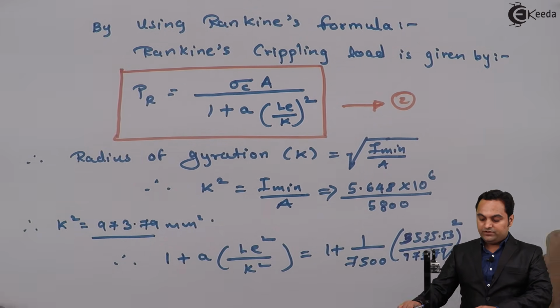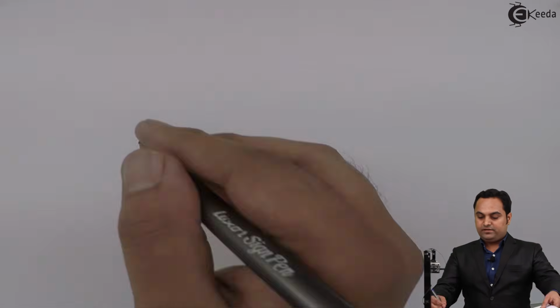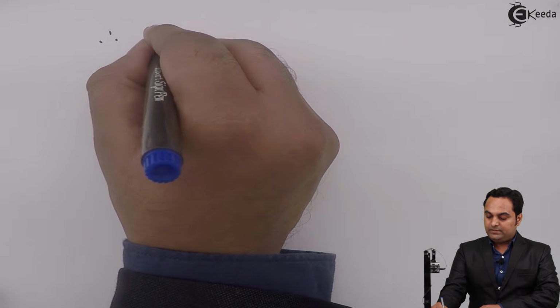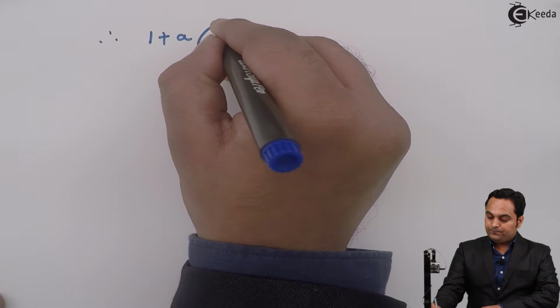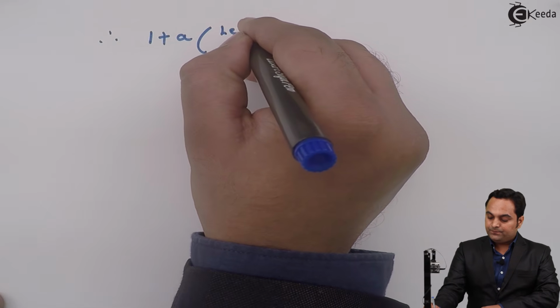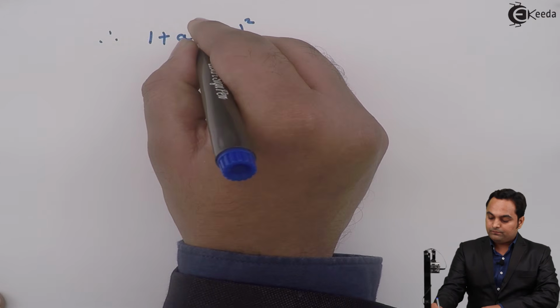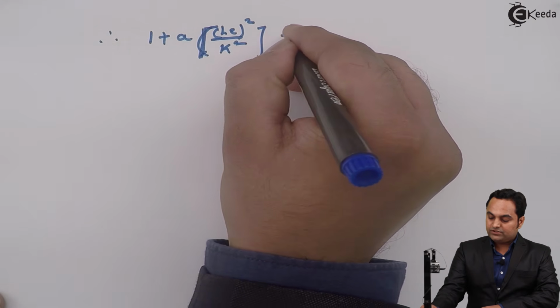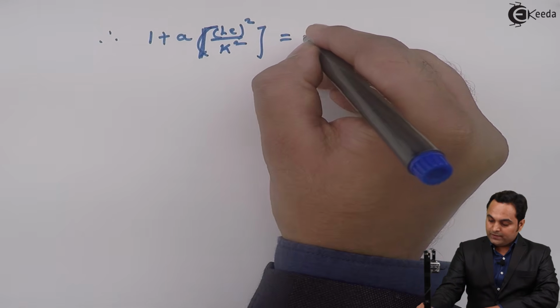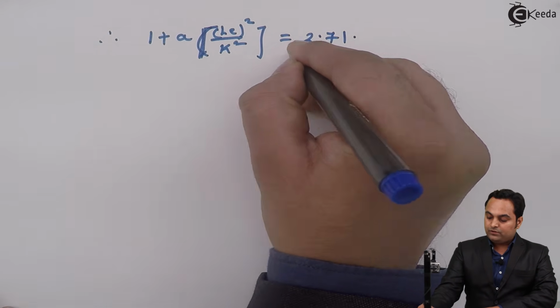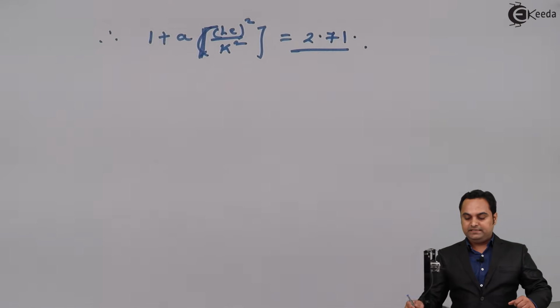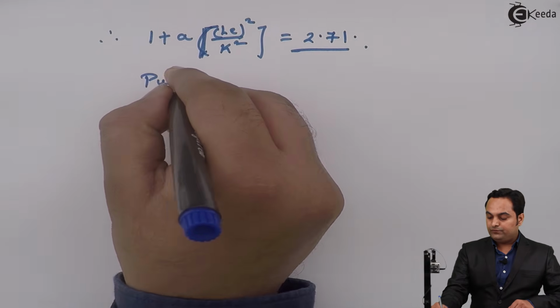So I'll get the value of this constant, that is 1 plus small a into effective length square upon K square. This term comes out to be 2.71.